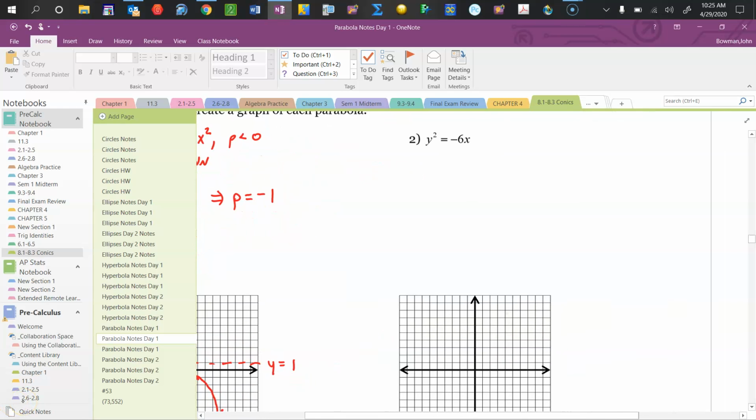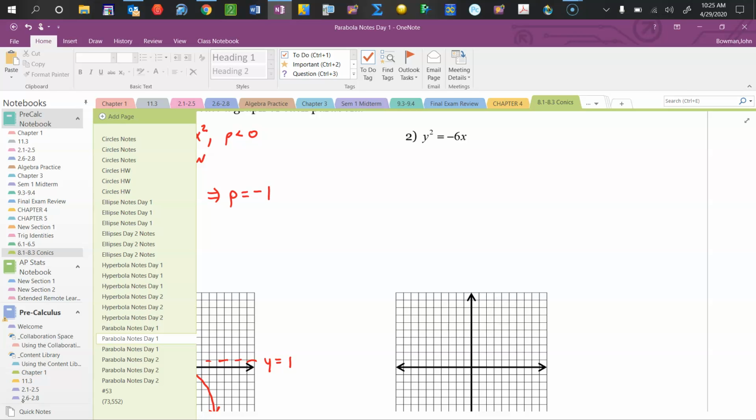So let's try the one to the right of it, number 2. As you can see, the y term is squared. p is less than 0, so I know that this opens left, or in the negative direction. I notice that h and k are both 0, so the vertex is (0, 0). I also notice that 4 times p is equal to -6, so we have to do a little algebra here and solve that for p.